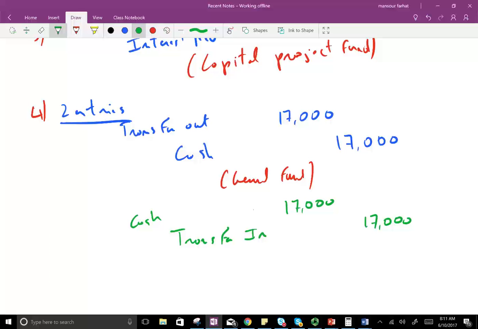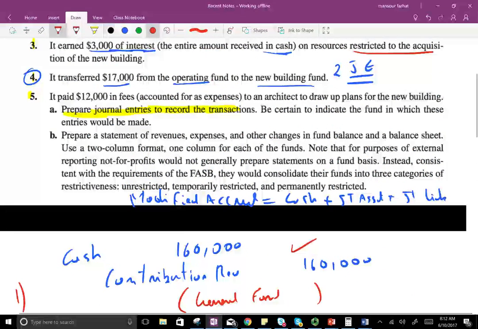That's what they are. For the capital project fund, that's a financing source. For the general fund, that's an other financing use. We use the cash. So notice we needed 2 entries, because when we have interfund transactions, we're going to have 2 entries to account for.